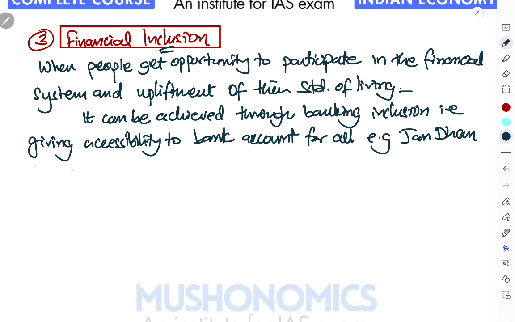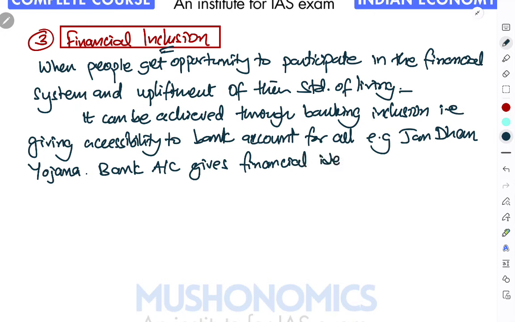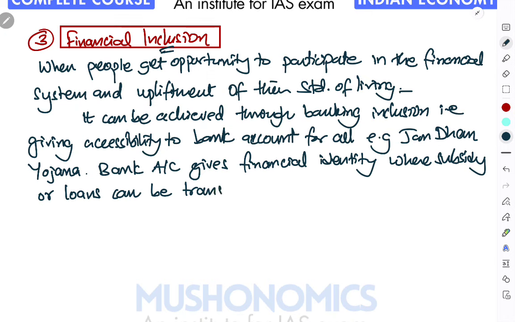A bank account gives financial identity, where subsidy or loans can be transferred to the account.